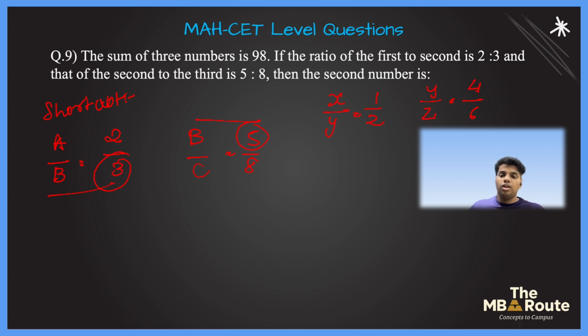So if I can somehow make 2 equal to 4, both ratios will have a common multiplying factor. To make 2 into 4, I have to multiply both up and down by 2. Then x by y would be 2 by 4 and y by z would be 4 by 6. Now from here we can get that x is to y is to z as 2 is to 4 is to 6, right?